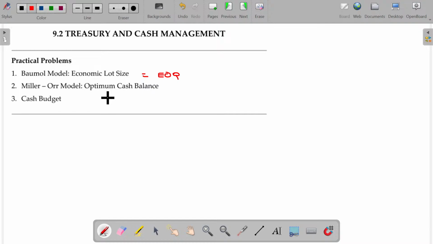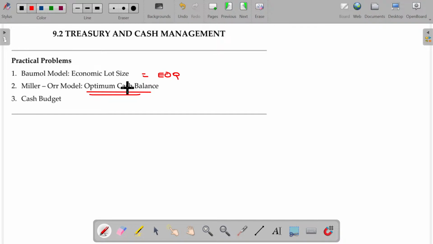If you hold more than the requirement, unwantedly you are wasting your money that could earn some return, right? If you could have deposited in a bank, you may generate some interest. If you are keeping that in your box, it will generate nothing. If you are keeping lower than the required fund, then your business gets stuck on payment, right? So you have to understand how much you have to keep in your hand, the optimum cash balance.